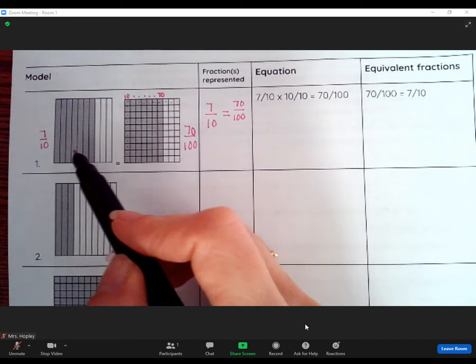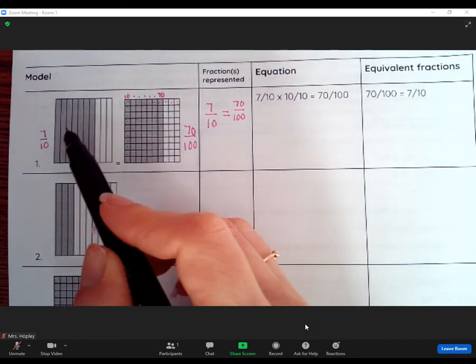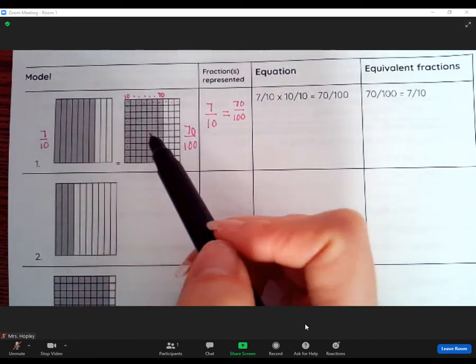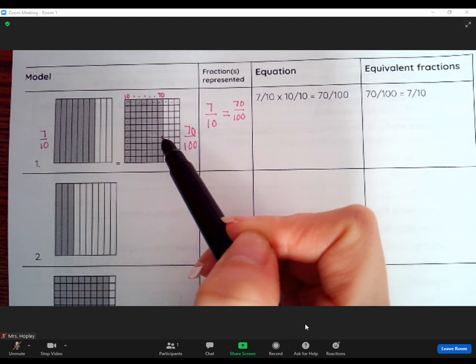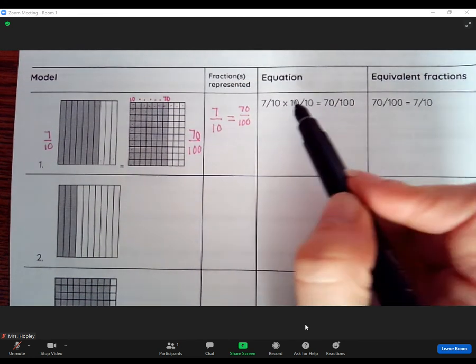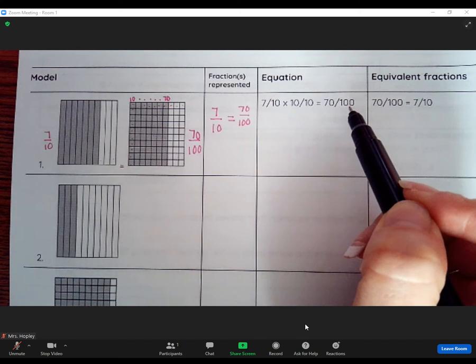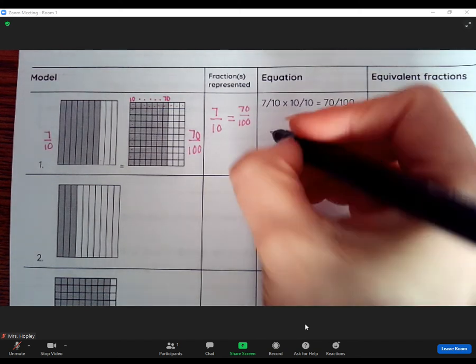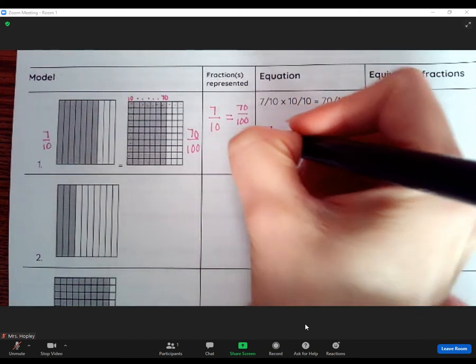Okay, there's a few different ways we can think about this and prove that those fractions are equal. And we just did the first way. We looked at a model and noticed that the same portion is shaded, even though this is showing us much smaller pieces here. The second way we can do that is with math. So the equation is already typed into this box, but I'm going to write it out so it's a little bit more clear.